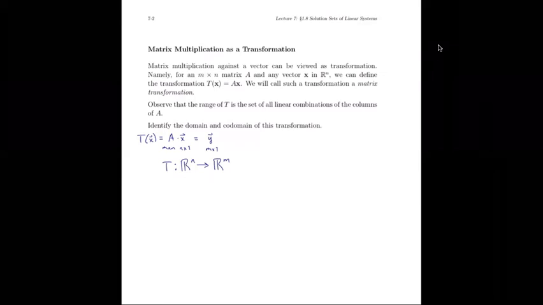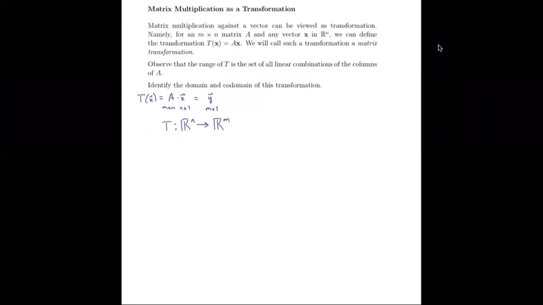Now the middle line, observe that the range of T is the set of all linear combinations of the columns of A. Okay, so the range of T, everything that T is able to map to, is the same as the set of all linear combinations of the columns of A. Well, let's think about this. T of x is equal to A times x.